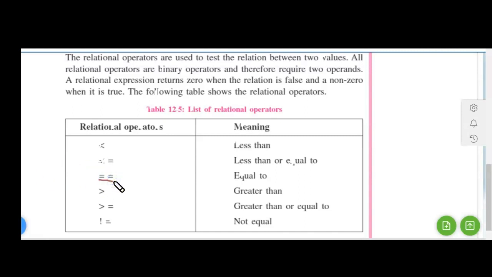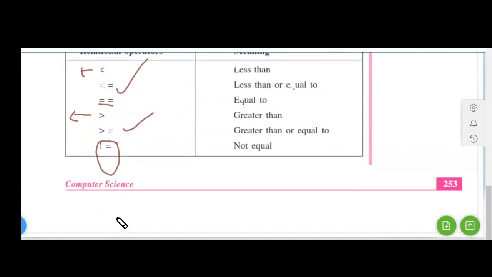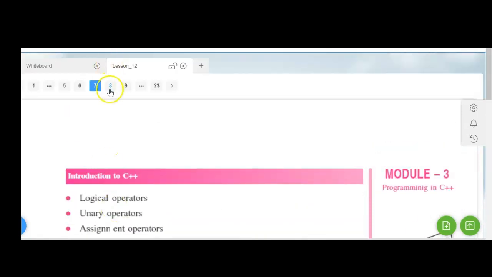Less than or equal to means either it can be equal to or less than. The opposite is greater than or equal to. These two serve the same purpose as you usually use. And this means not equal to. When a number is not equal to another number, you can use this symbol. So these are the relational operators.